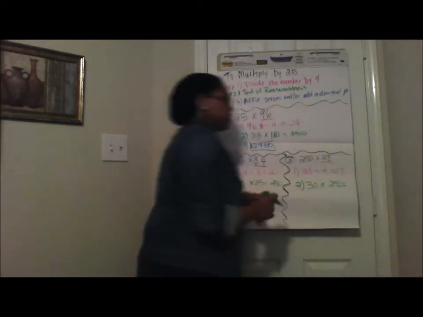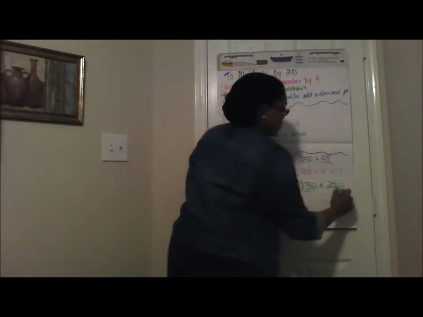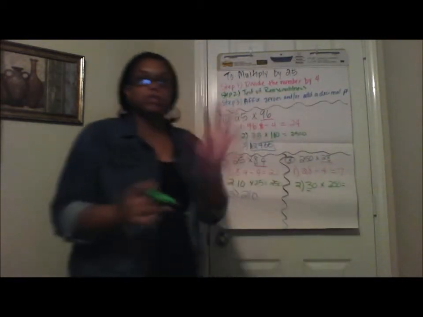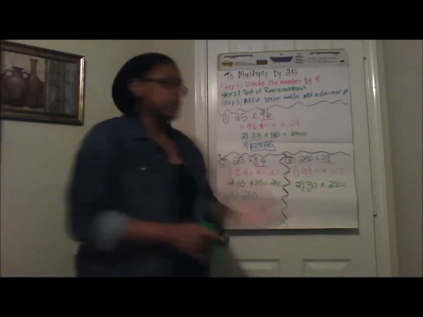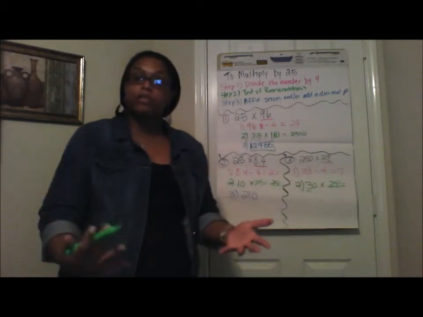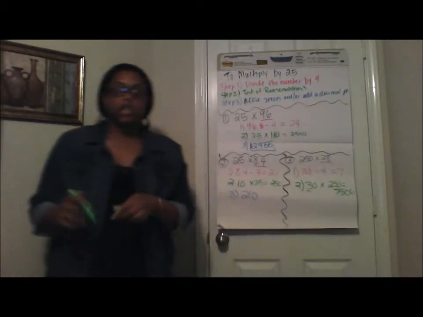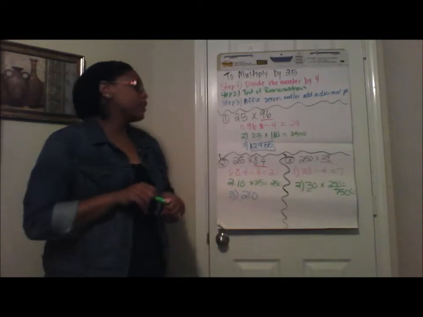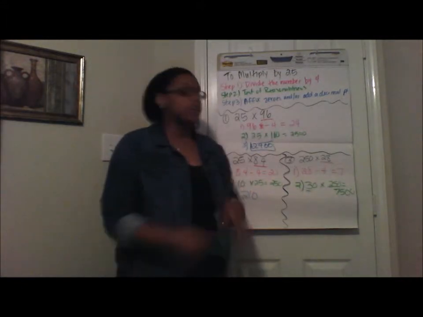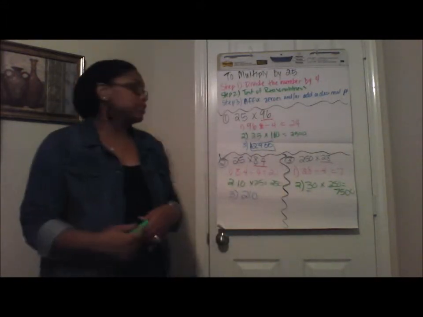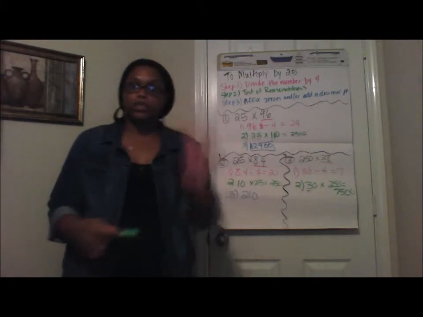When I multiply this, I'm going to focus on 3 and 25. And I know that 3 times 25 is 75, because when I have 3 quarters, I have 75 cents. So therefore, 3 times 25 is 75. And I have 2 zeros, so I'm going to affix 2 zeros to that. So I have 7,500. Looking at what I would get just by estimating and what I got by division, that tells me that I actually need to affix 3 zeros.